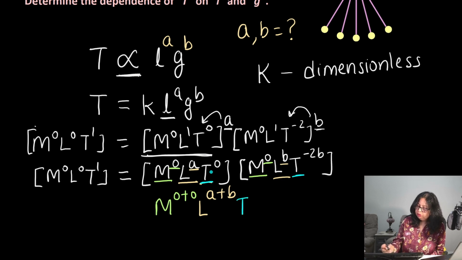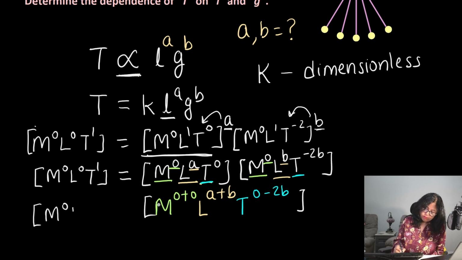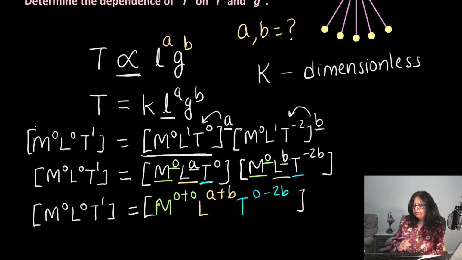This gives me T to the power 0 minus 2B. Let's close the parentheses. Equal sign in between.